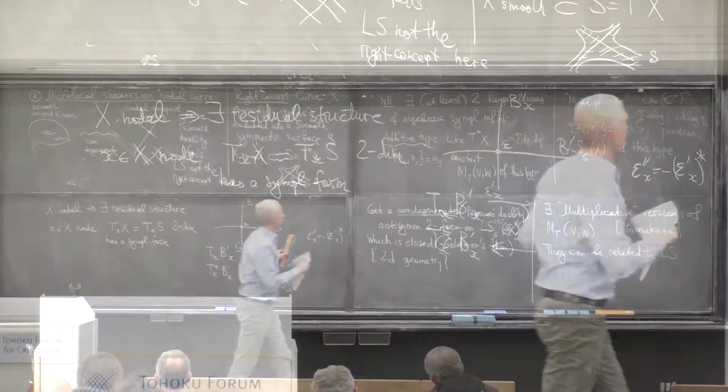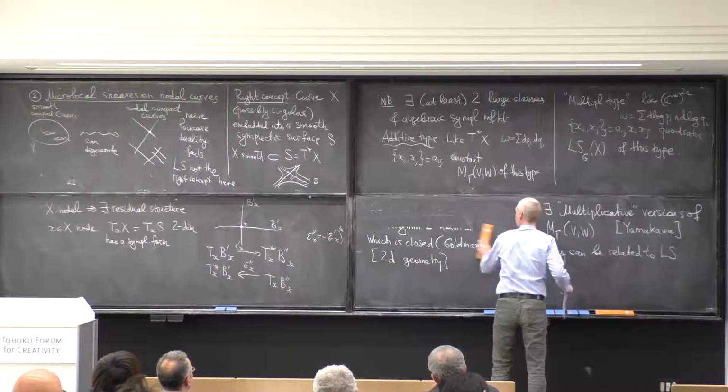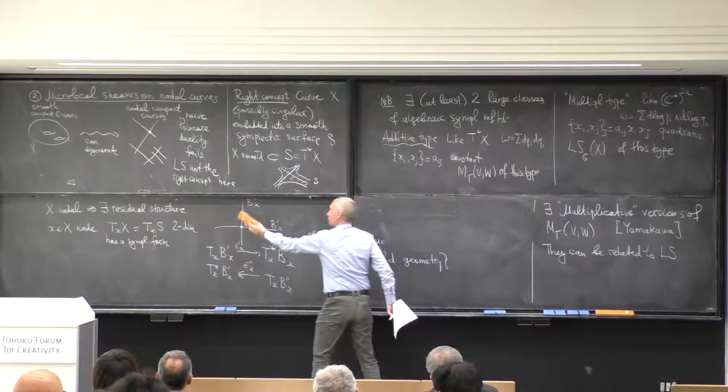More formally, a nodal curve has a desingularization in which those two branches become different.